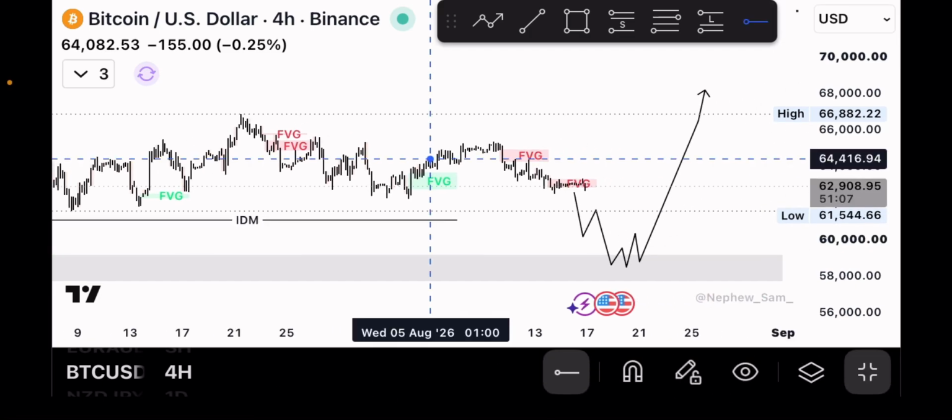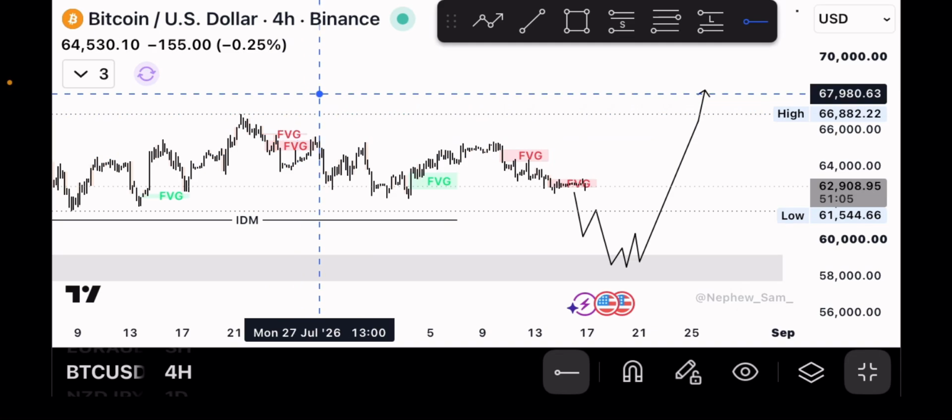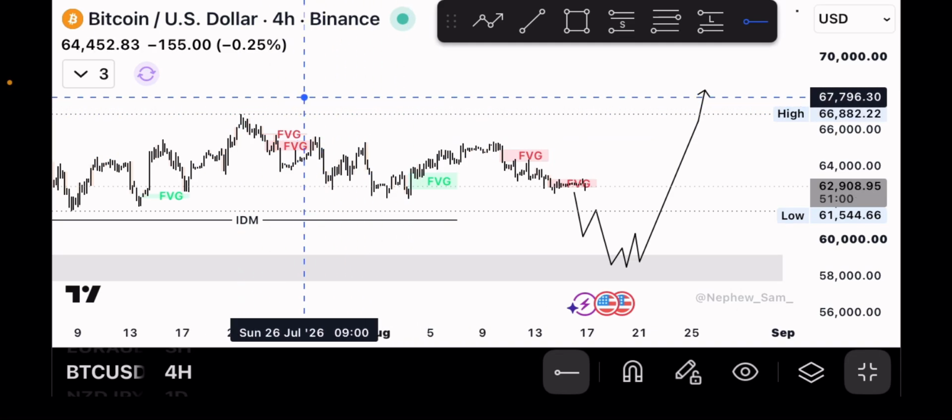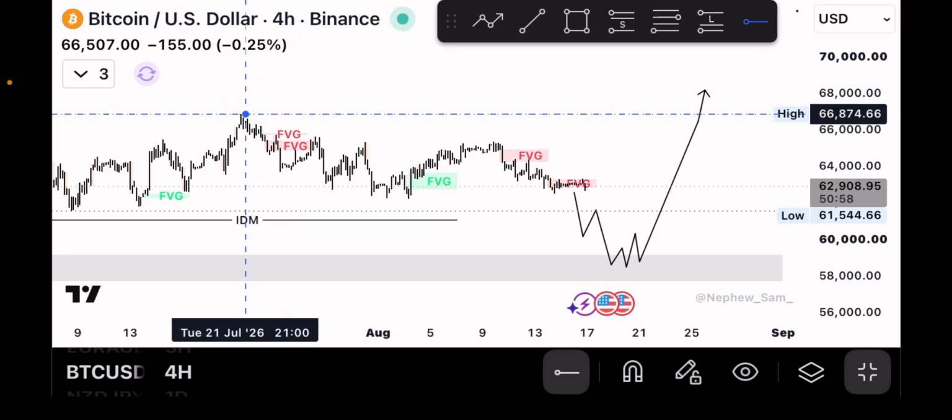So now we identify our targets. Since we are looking for a buy, our target will be the high on the 4-hour time frame. You can target the high, depending on your RR, risk to reward. This is a long-term trade, a long-term buy. So I'm targeting the 4-hour high.